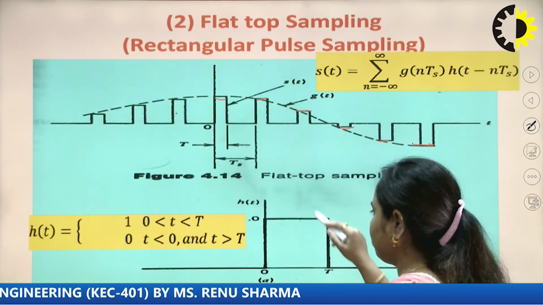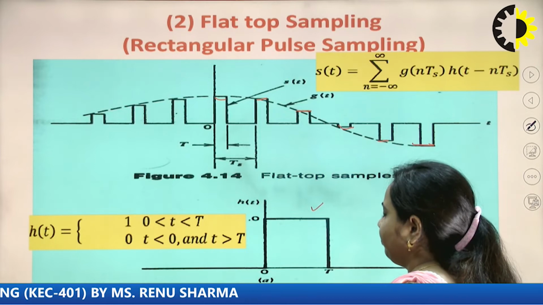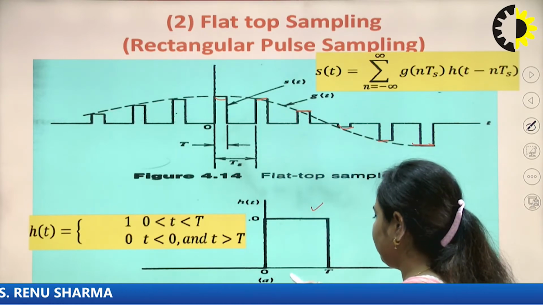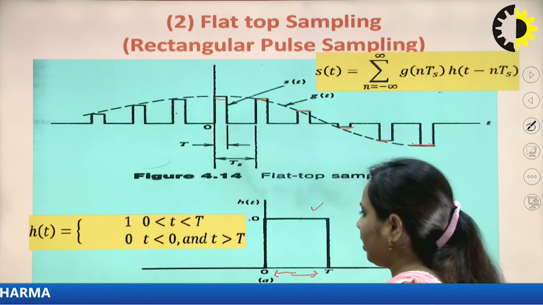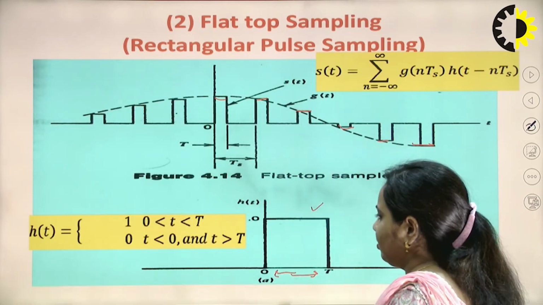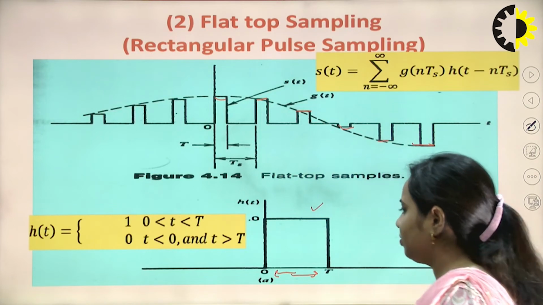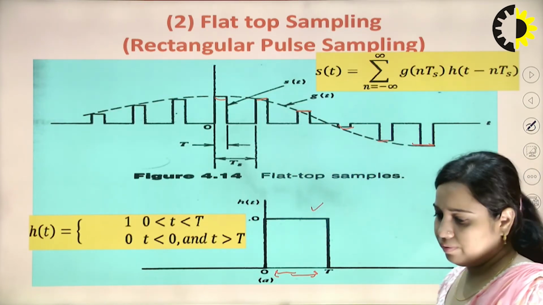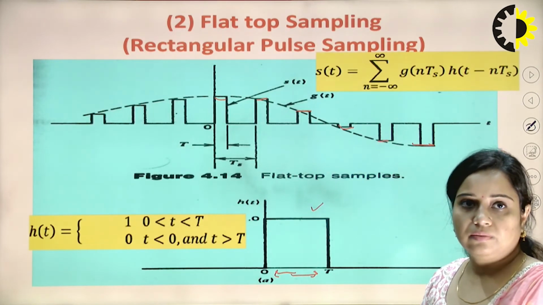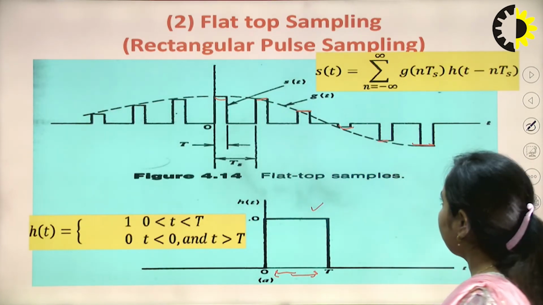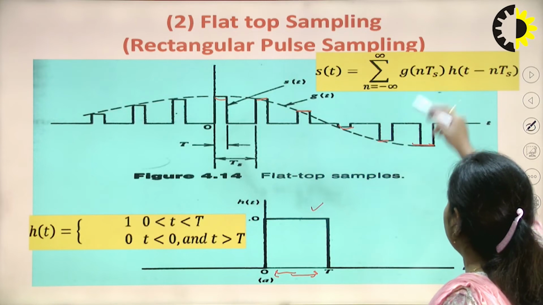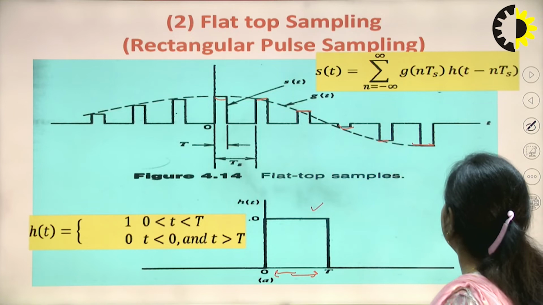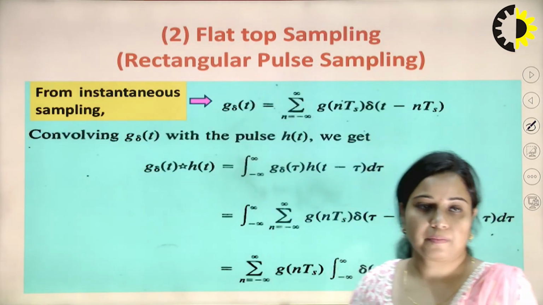So h(t) will be 1 for the interval from 0 to T, and it will be 0 for t less than 0 and for t greater than T. That is the representation of this particular filter. Its equation is the summation over n from minus infinity to infinity of g(nTs) h(t minus nTs).